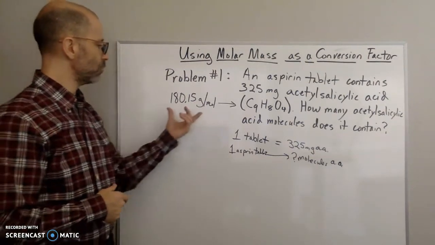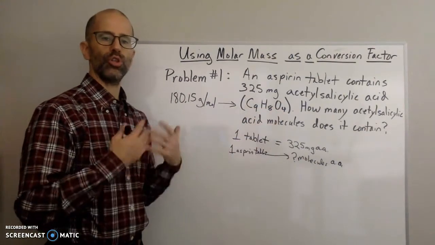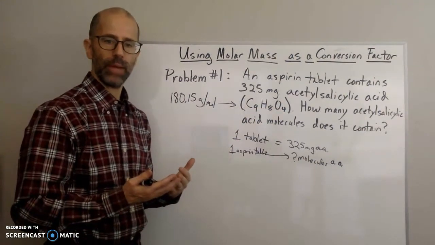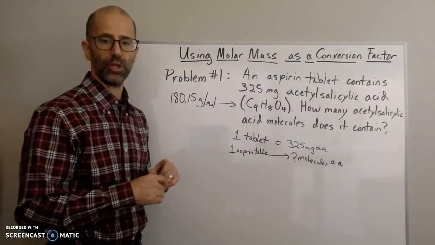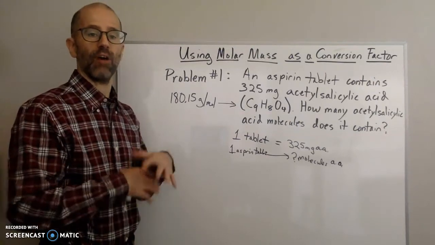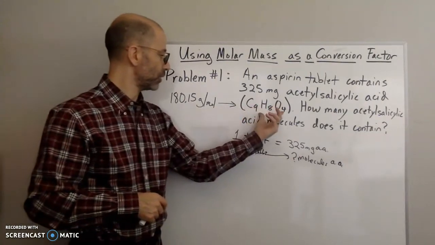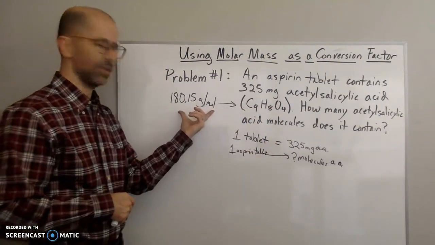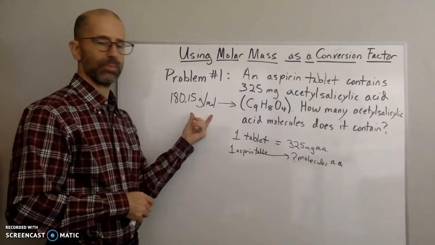And so we're going to need molar mass, and they gave us the formula, so you would need to calculate the molar mass. Now, I'm not going to go over how to calculate that. I've gone over that in another video, but at this point, you should know how to calculate the molar mass of any substance if you know the formula. So here's the formula. I already calculated the molar mass as 180.15 grams per mole.